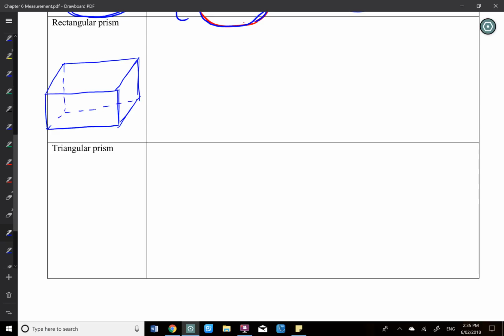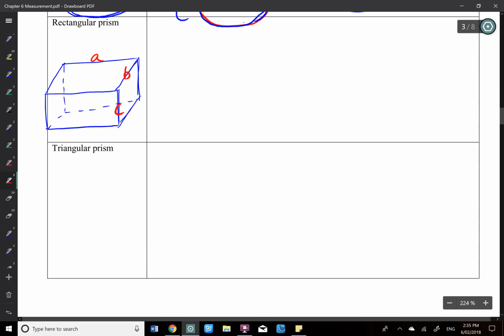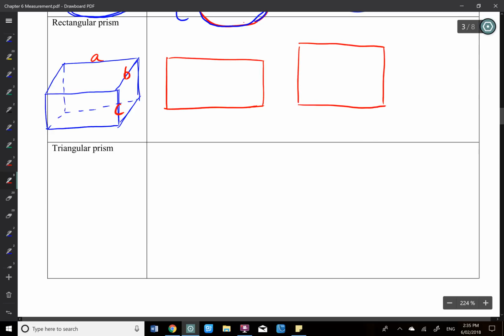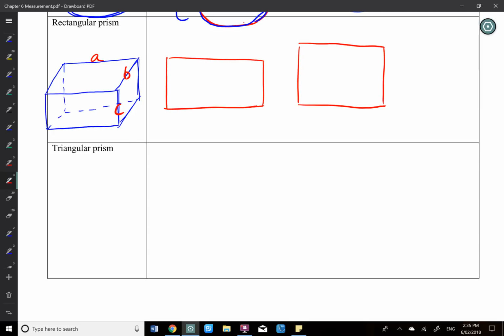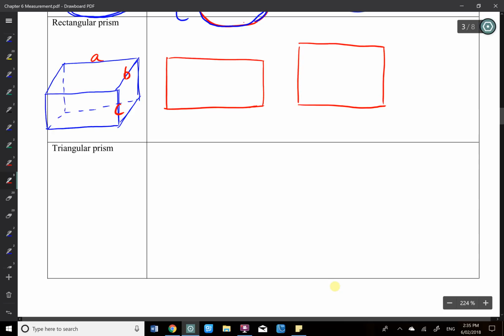If I expand that, we'll have 6 rectangles. If I say that's A, that's B, and that's C, we'll have AB, AC, and CB, all times 2.